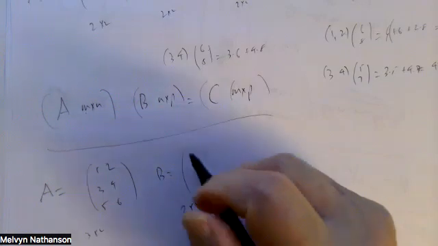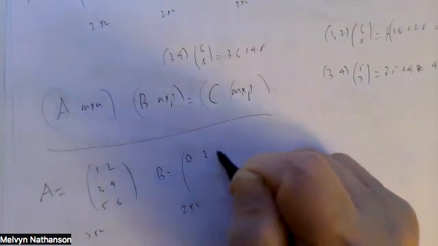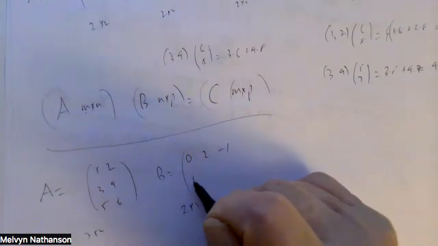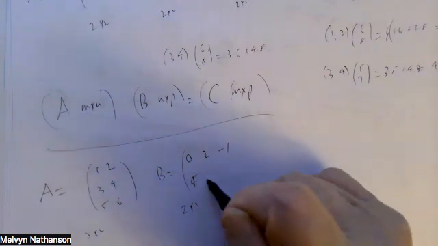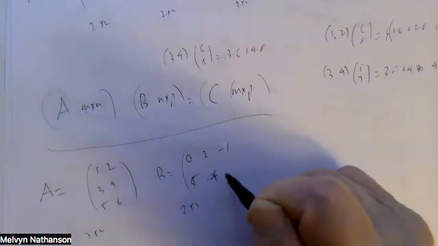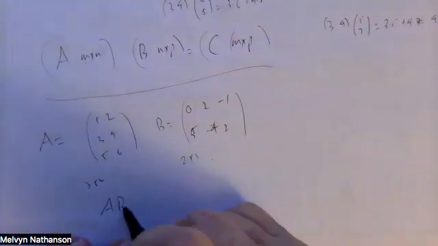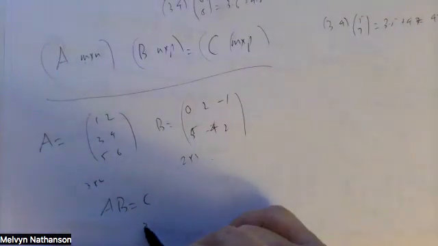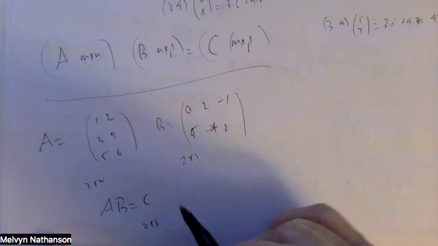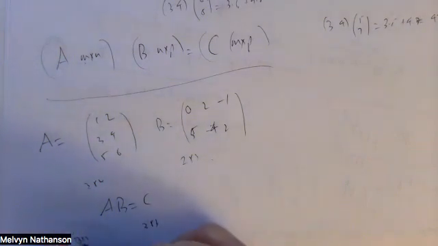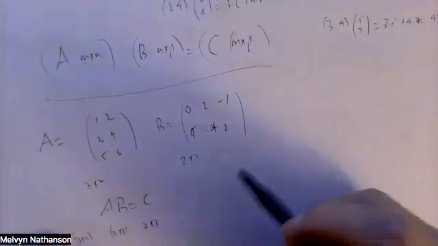That means 2 rows, 3 columns: 0, 2, minus 1, 5, minus 4, 2. So 3 by 2 times 2 by 3, if AB equals C, C will be a 3 by 3 matrix, right? 3 times 2, 2 times 3, the 2's cancel, you get 3 by 3.